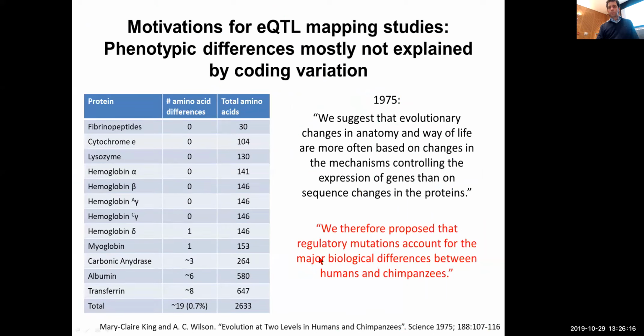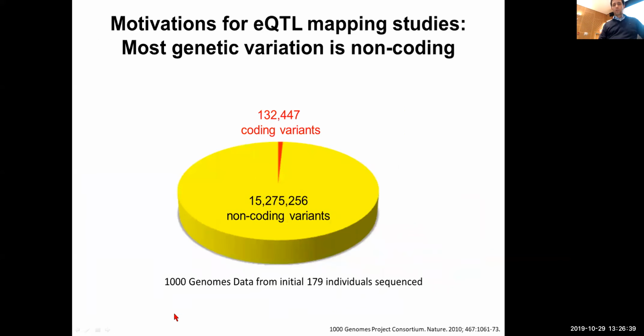Therefore, we proposed that regulatory mutations may account for the major differences between humans and chimps, but they are also the primary driver, from all of the recent research, of biological differences between humans, period. Very, very few amino acid differences, but a huge number of functional changes.